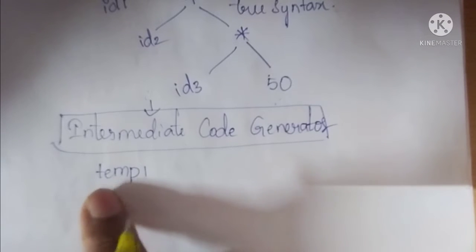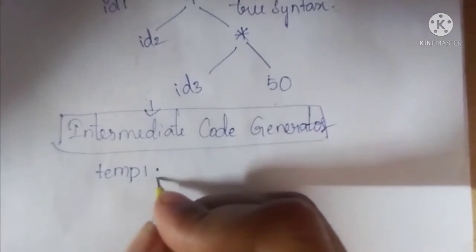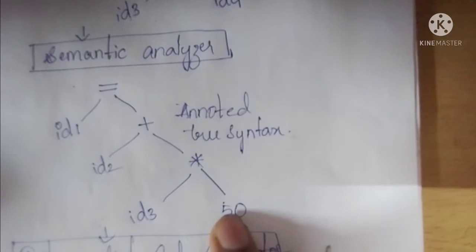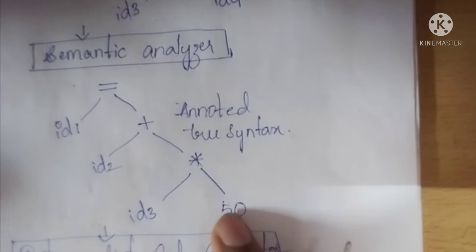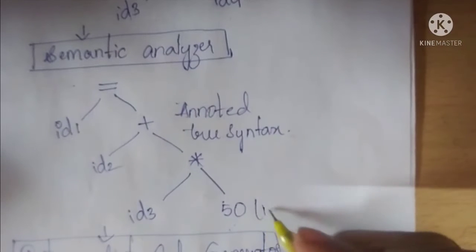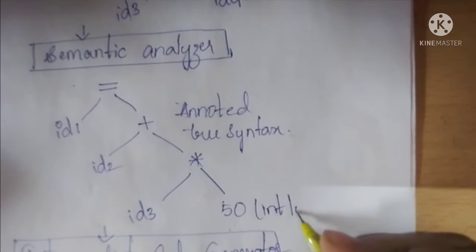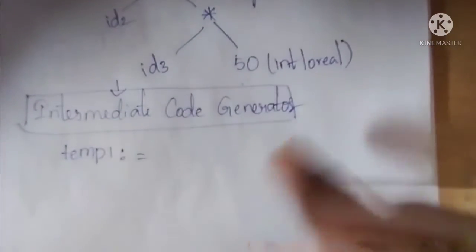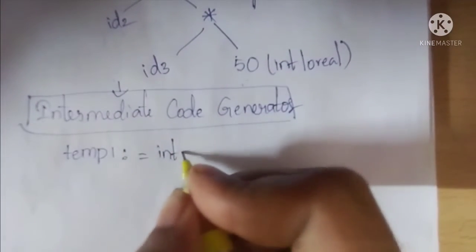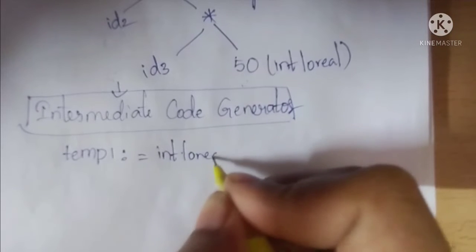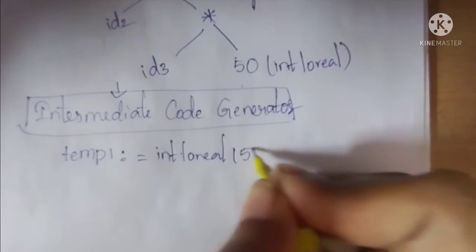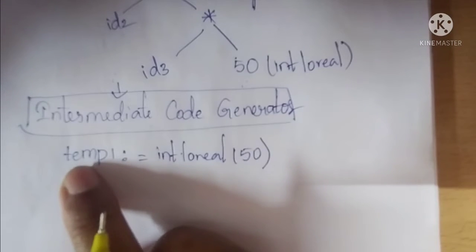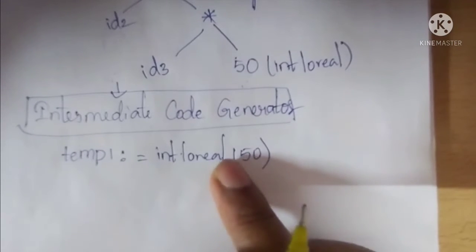It is going to recognize this value, this 50 we have written. This is also called an integer, inttoreal. What is the value there? 50. So in the temporary variable I have stored inttoreal 50 first.